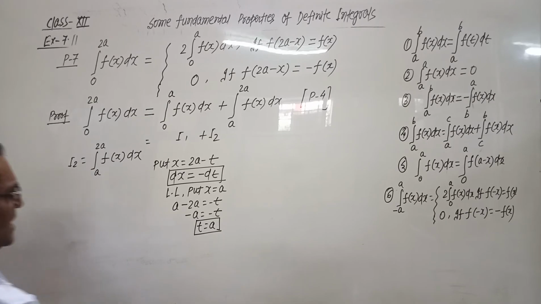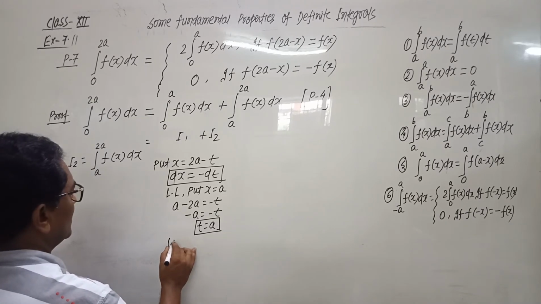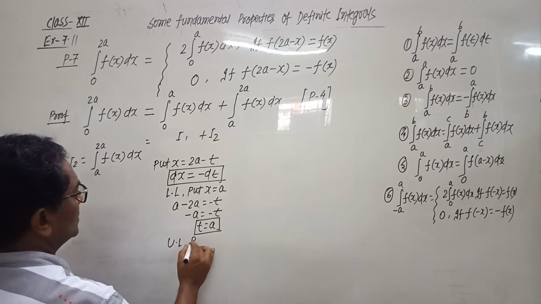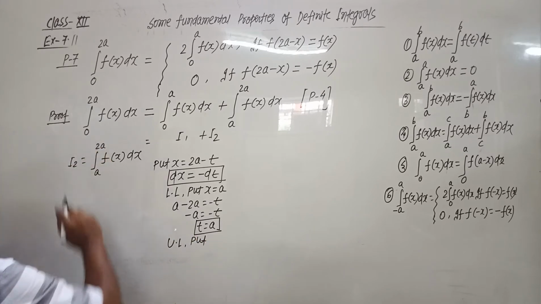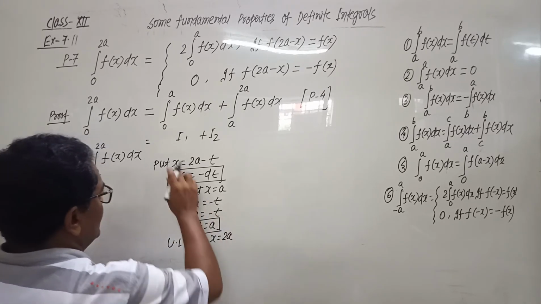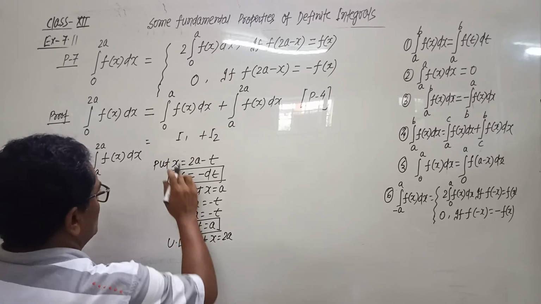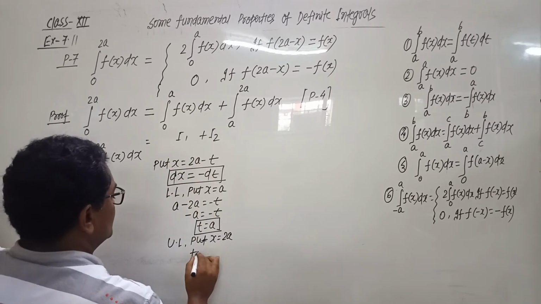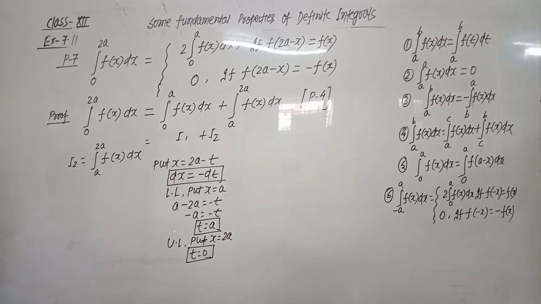And for the upper limit, put x equals 2a in this expression. So 2a minus 2a becomes 0. So the upper limit becomes 0 and the lower limit is t equals a.